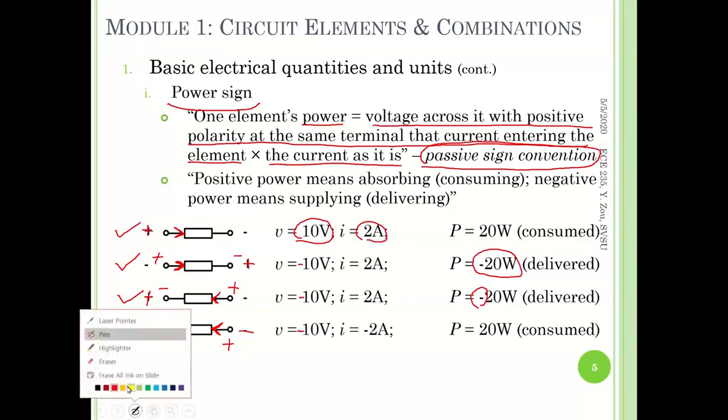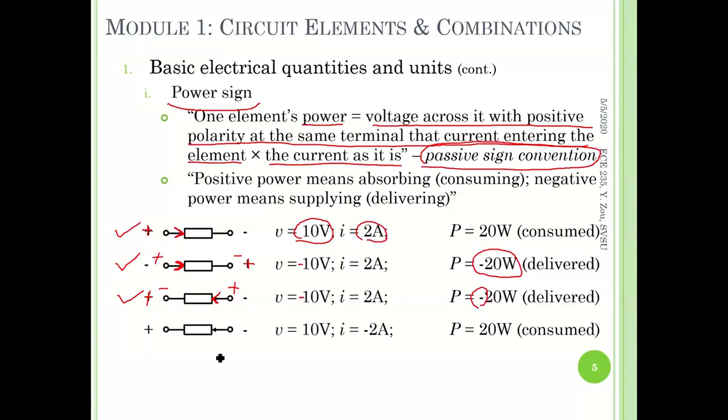Of course, as I said, we can do another thing, which is flip the current direction. Taking the last case as an example, we have a current flowing into the negative terminal of the voltage.